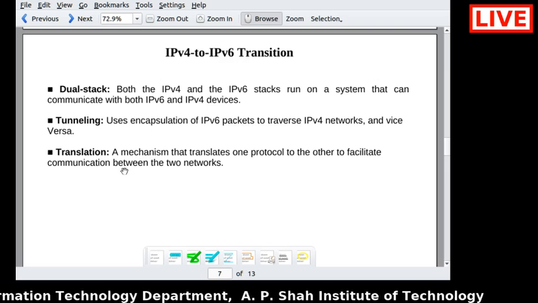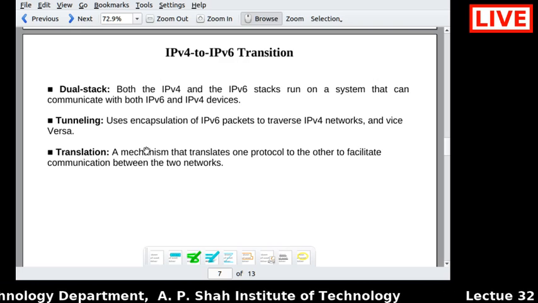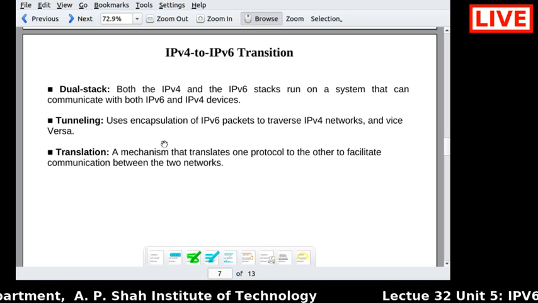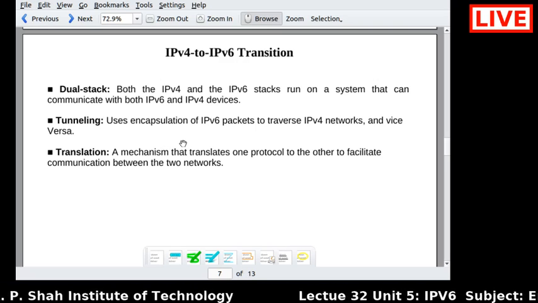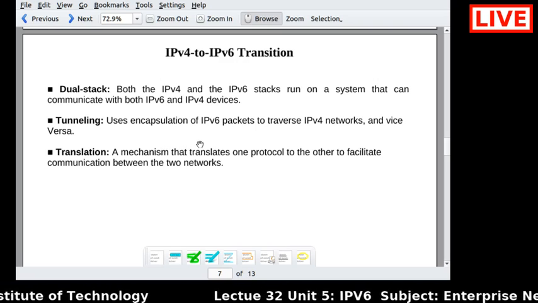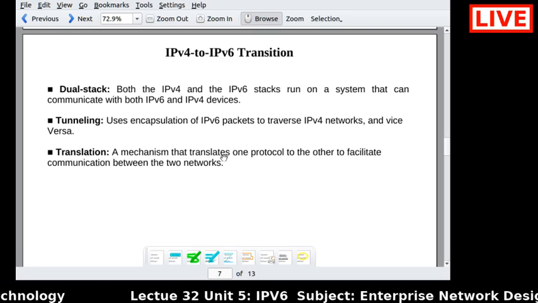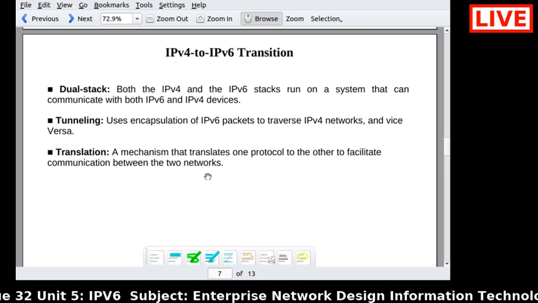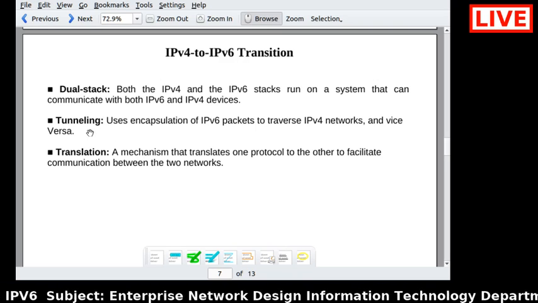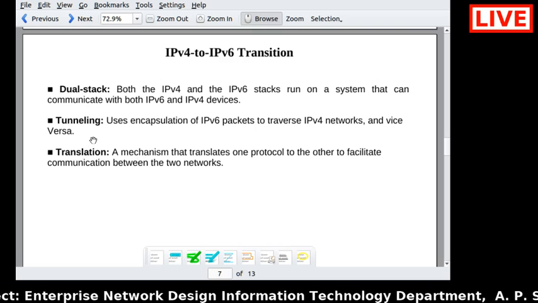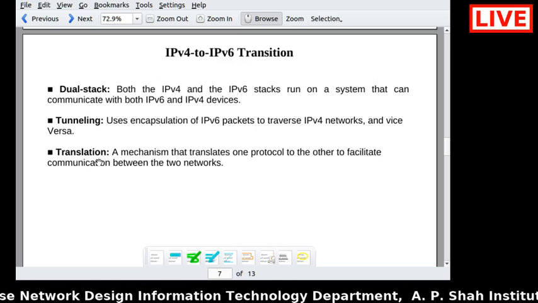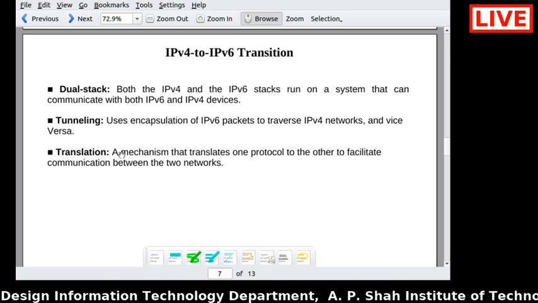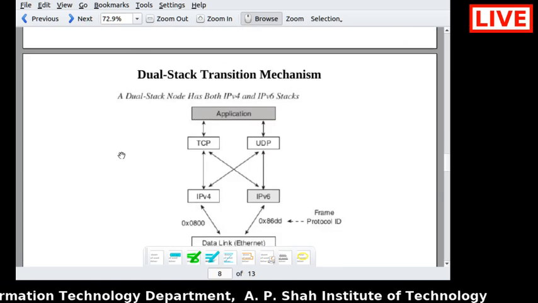The third mechanism is the translation mechanism: one protocol to the other protocol, the communication happens between these two networks. That is the concept of translation. We will see these three transition techniques of IPv4 to IPv6 one by one in more detail, how the transition between them can be done.